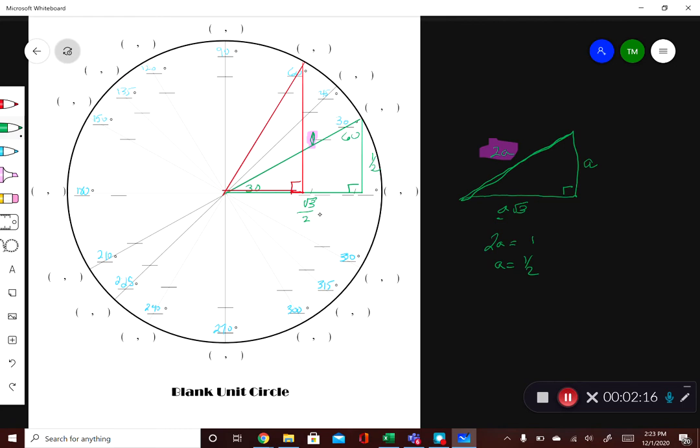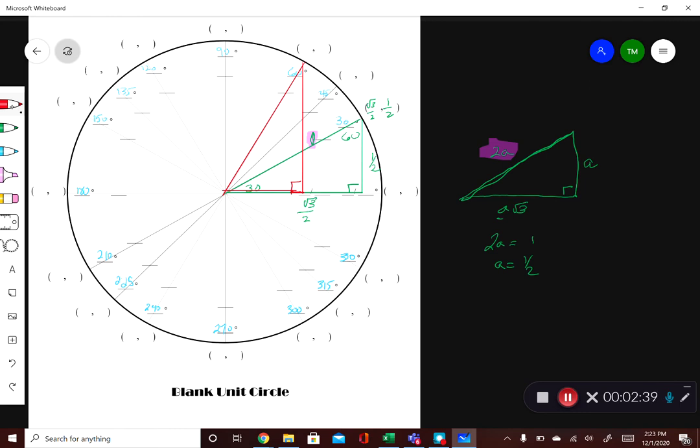And those two sides, the legs of that right triangle, are actually the coordinates of this point, the x and y coordinate. Now, the really great thing is that triangle is the exact same triangle as the 60 degree, the one I have in red for you.